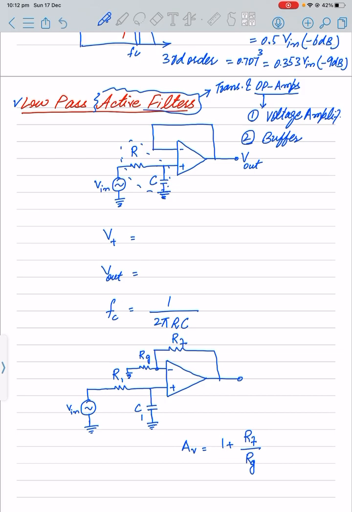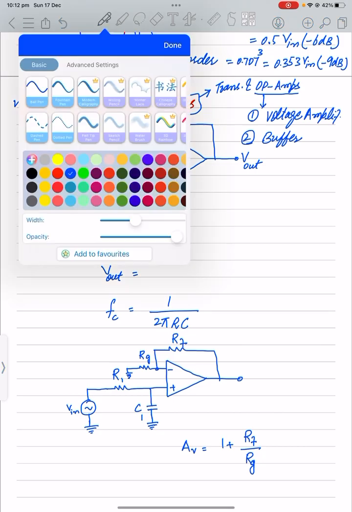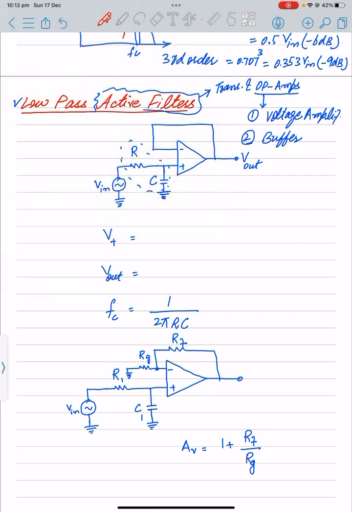So this signal is applied at the non-inverting end, and we have directly connected our inverting terminal with the output. So we can say that this is basically a buffer, whose second name was voltage follower.